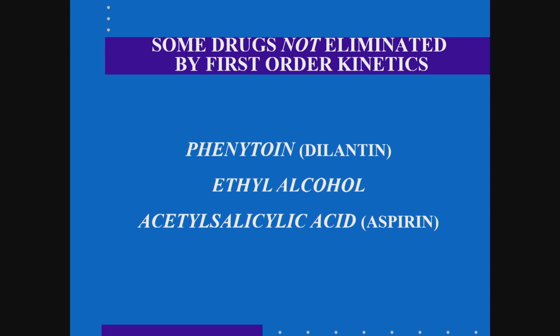But some drugs are not eliminated by first order kinetics, and I'm giving you 3 examples here. Phenytoin, ethyl alcohol, and aspirin, acetylsalicylic acid. These are drugs that deviate from the general pattern of first order kinetics of elimination.